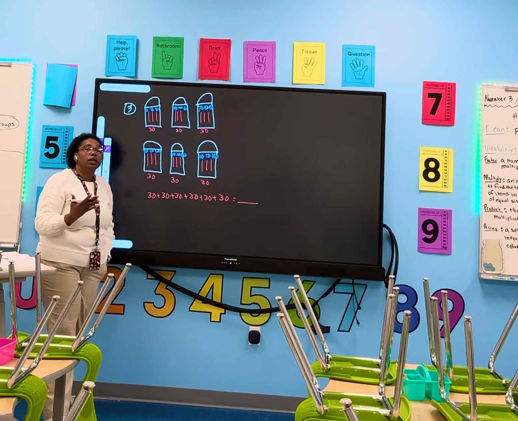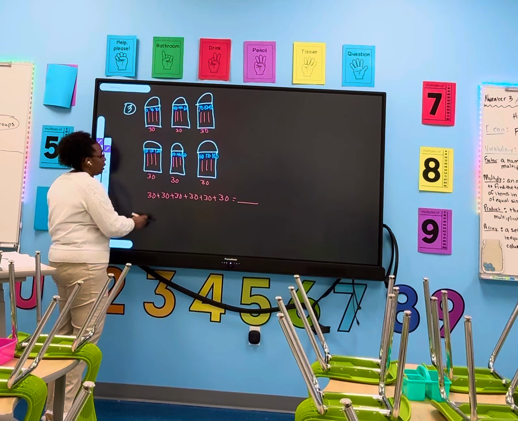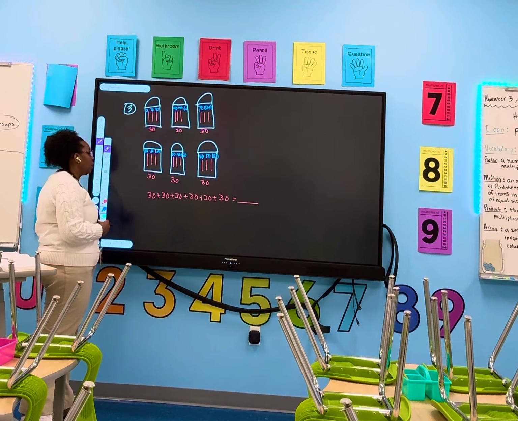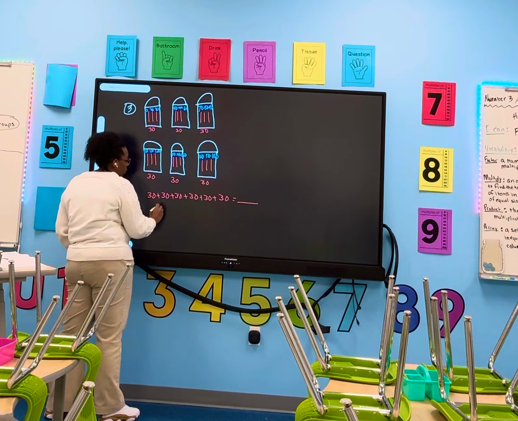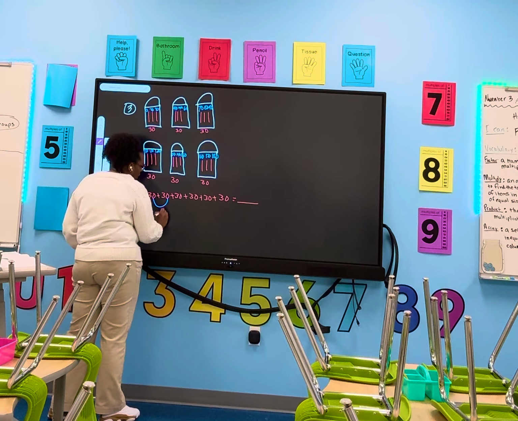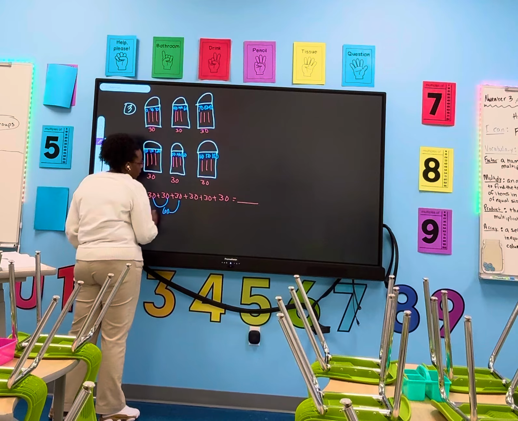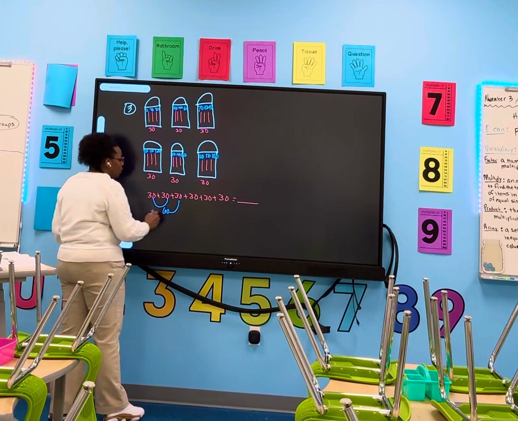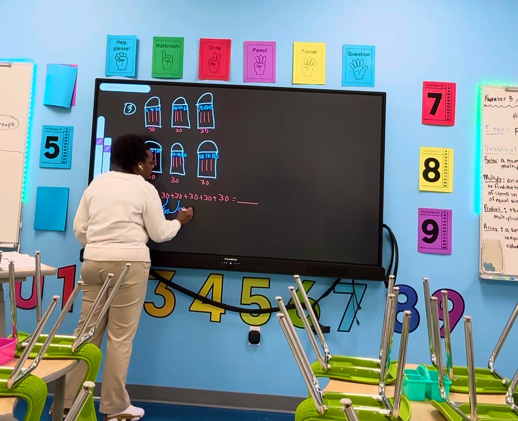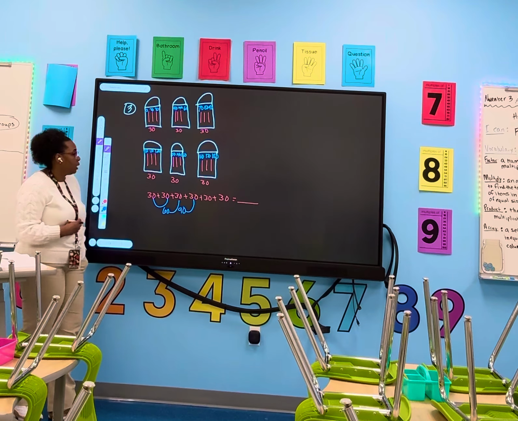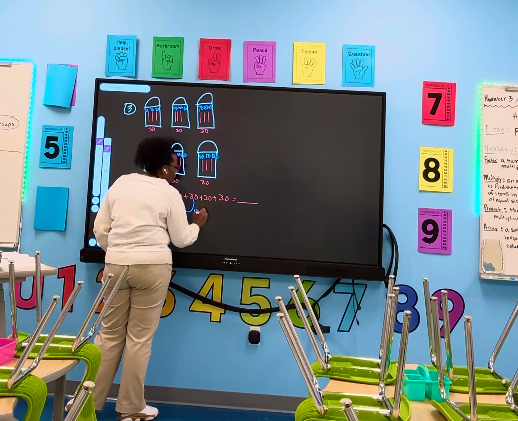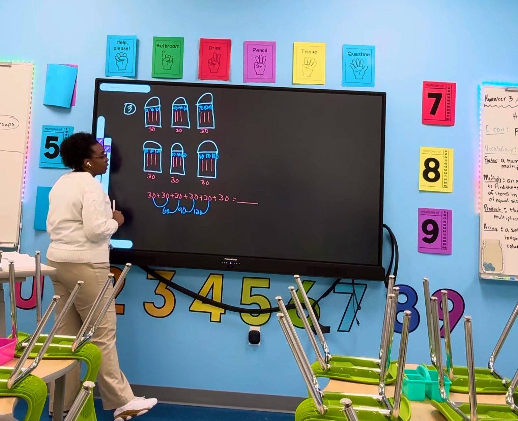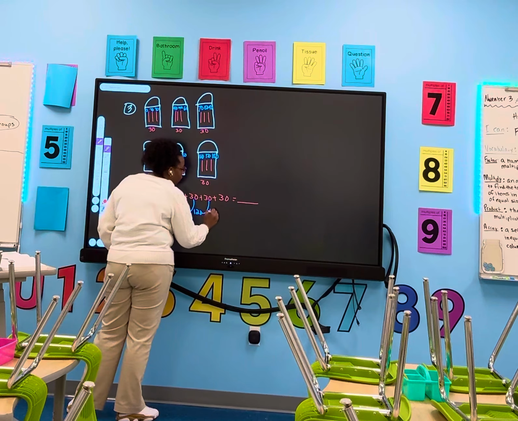But if you don't trust that, you can always do the math here and add all this up. So if you do the math and add this up, 30 plus 30 is going to give you 60. And 60 plus that 30 is going to give you 90. 90 plus this 30 is going to give you 120. 120 plus that 30 is going to give you 150.